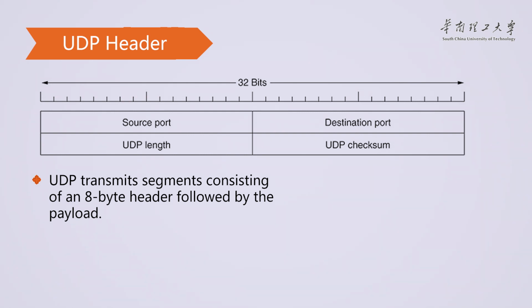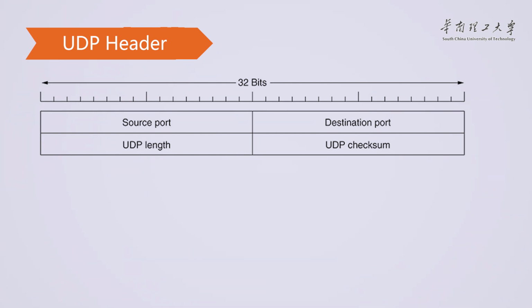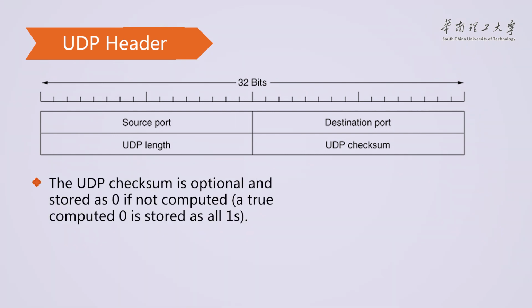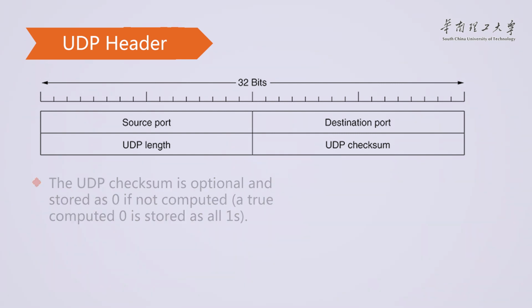The UDP length field includes the 8-byte header and the data. The UDP checksum is optional and stored as 0 if not computed. A truly computed 0 is stored as all ones.